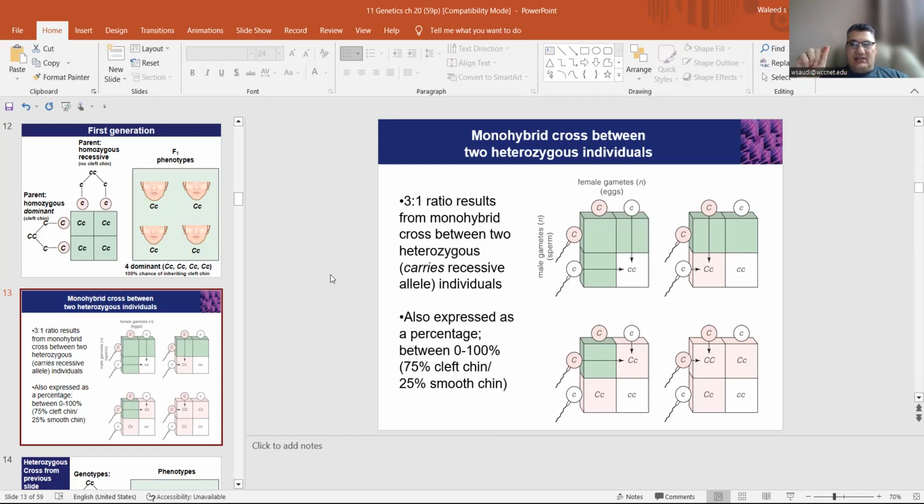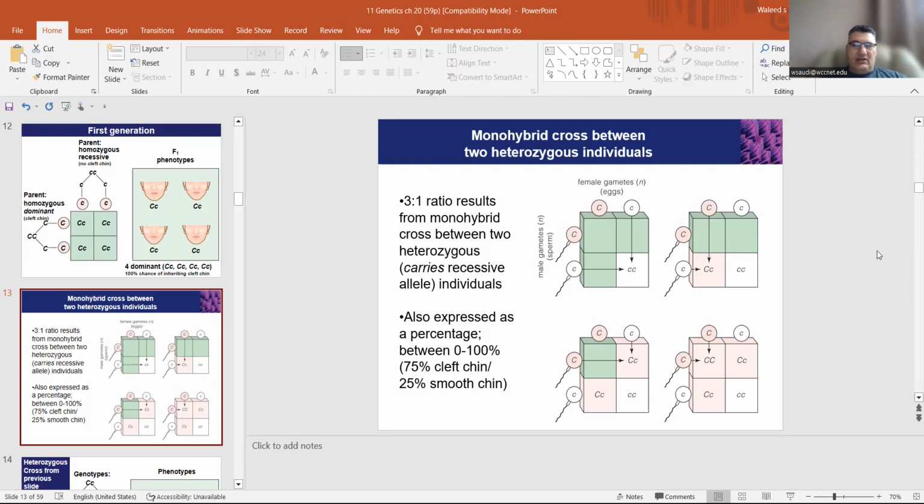But listen to this. The chances do not change with more kids. Meaning, I have the first kid that has this cleft chin, and my second kid has cleft chin, and my third kid has cleft chin. So now I know that the fourth one is going to be non-cleft. Absolutely not. No, this is not how it works. Each one of the kids has the same chance. It doesn't change because it's random.